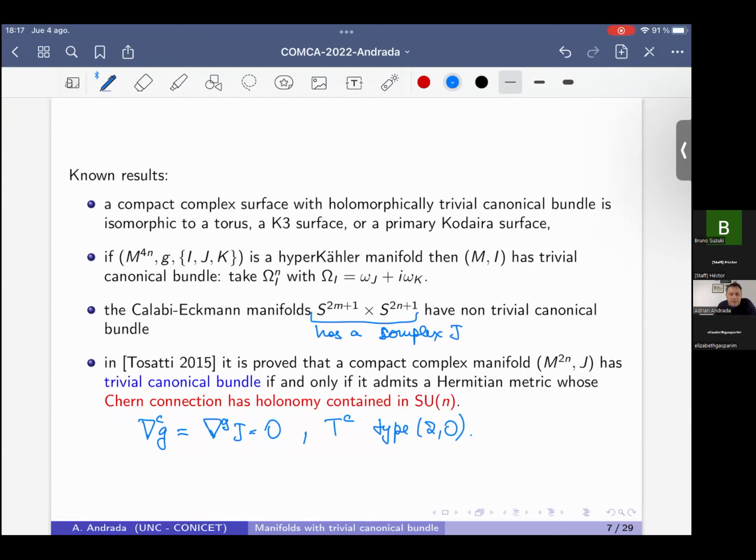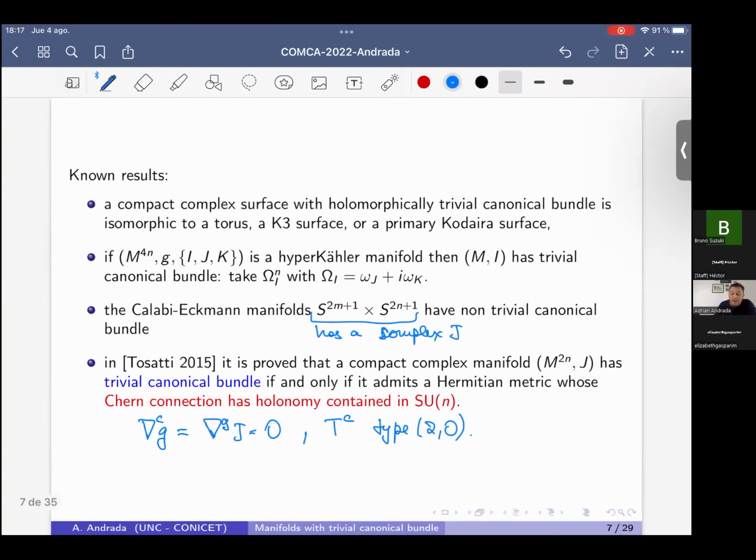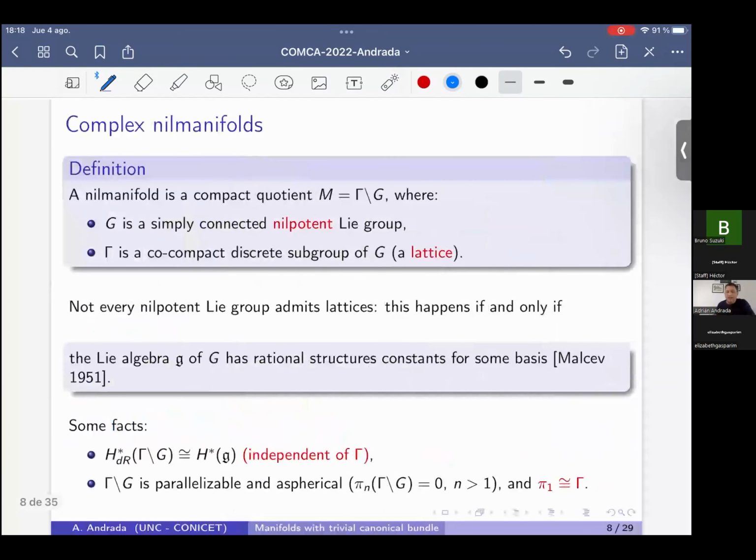Okay, so these are some known results about these cases. And there is also another big family of complex manifolds which have a trivial canonical bundle, and it is given by complex nilmanifolds. So I will talk about this a little bit.